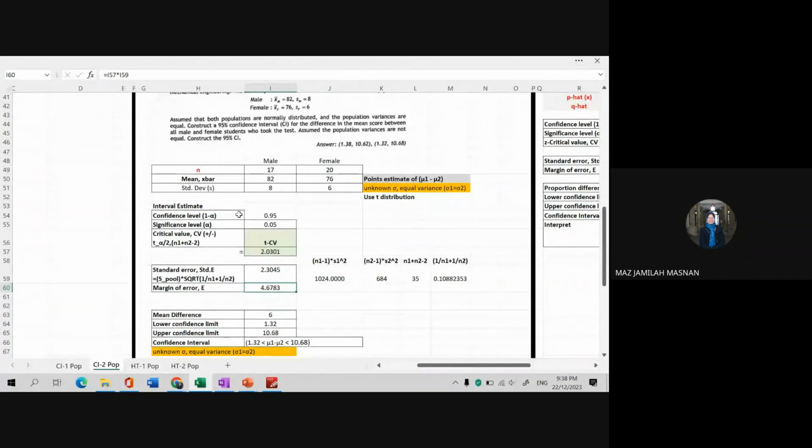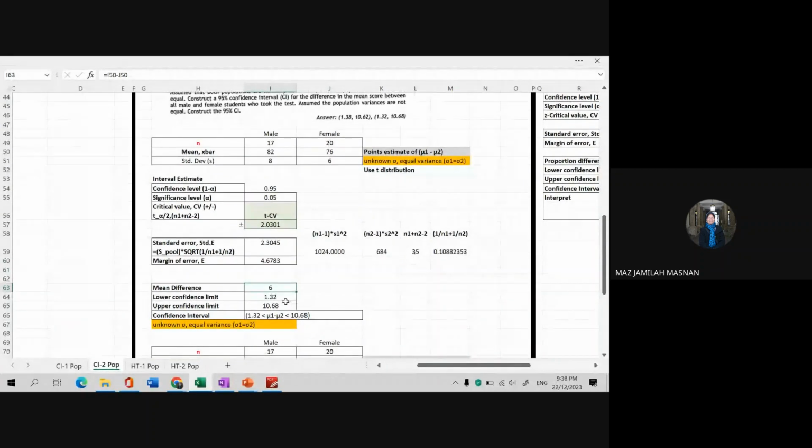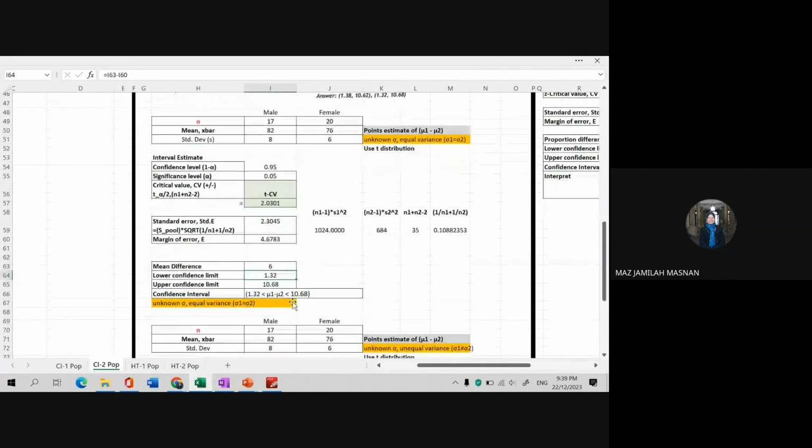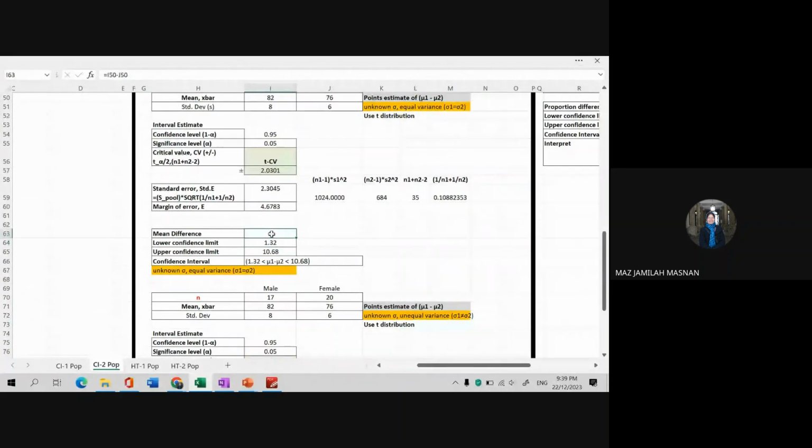And the margin of error is the multiplication of the critical value with the standard error, which gives me 4.6783. We are going to use these two values to find the lower confidence limit and upper confidence limit. For the lower confidence limit, 6 minus the margin of error, I get 1.32.